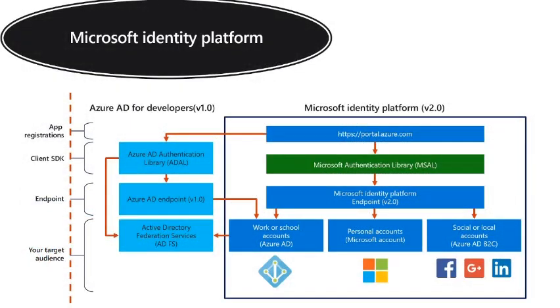So Microsoft Identity Platform. Microsoft Identity Platform is an evolution, as I said, of Azure Active Directory Developer Platform. It allows developers to build applications that log in users, get tokens to call APIs such as Microsoft Graph or APIs that developers have built.